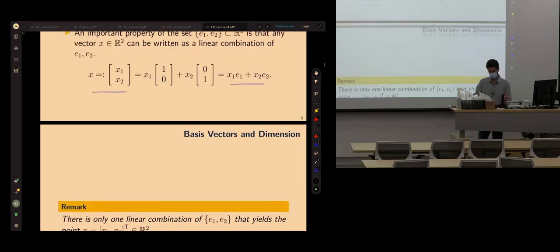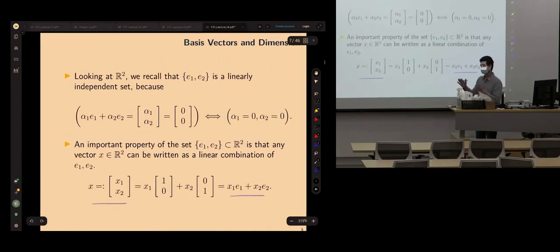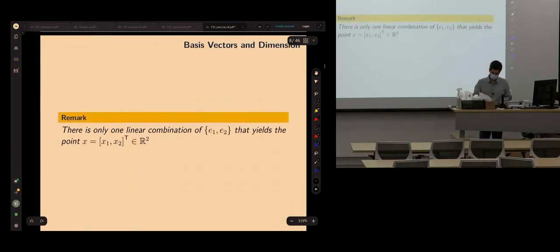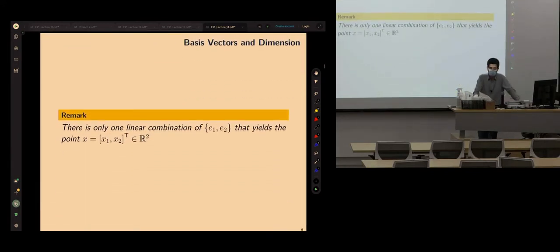Not only can you write any vector in R2 as a linear combination of E1 and E2, but also there is only one linear combination of E1 and E2 that yields x1 and x2. Now you could come up with a proof as well. You say that, assume it's not unique. And let me show that it is unique.